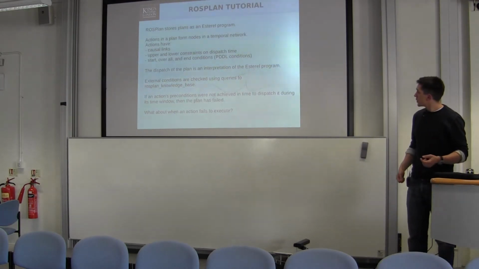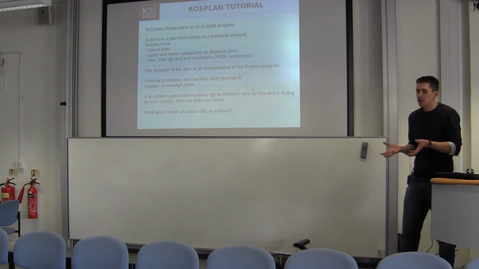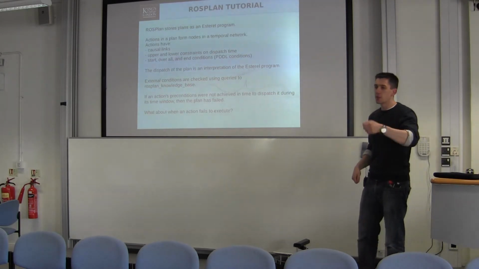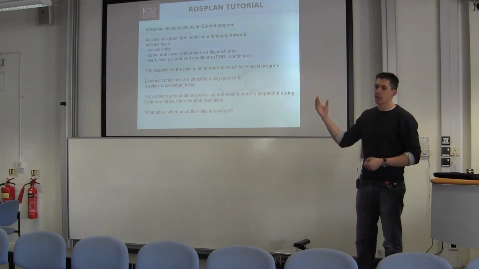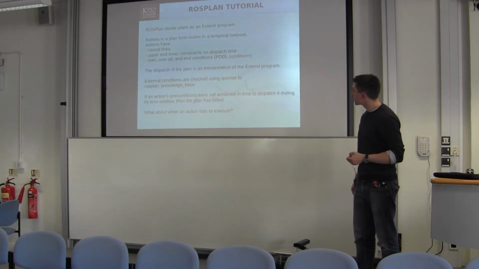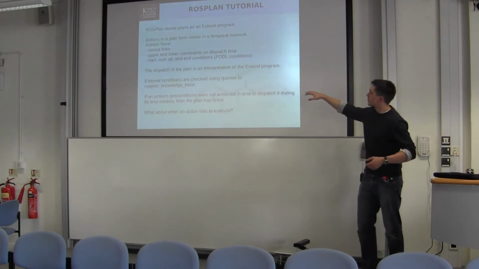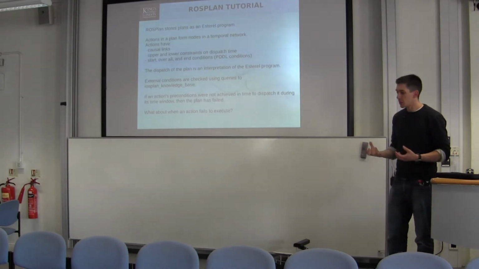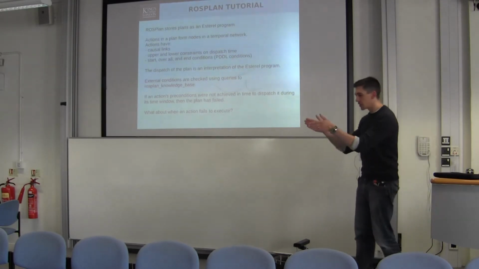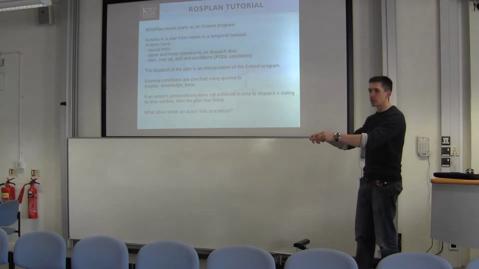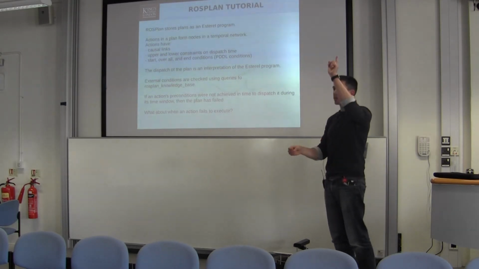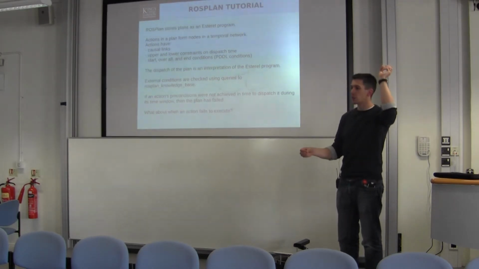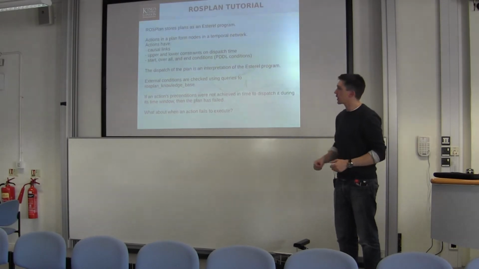An SQL interpreter inside ROSPlan just interprets this graph and dispatches the actions one at a time. These external conditions, the PDDL conditions, are checked using queries to the knowledge base. So when it's time to dispatch an action, we're inside the time bounds and all the causal links are satisfied, it makes a query to the knowledge base saying, are these facts true or not? If they're all true, then the action can be dispatched.